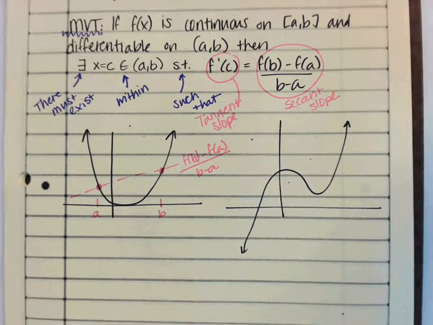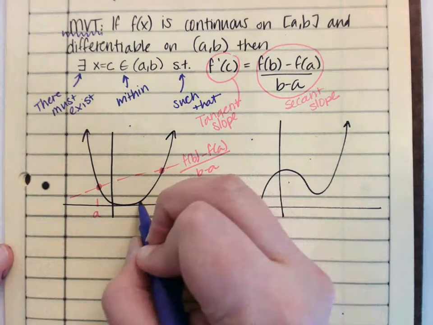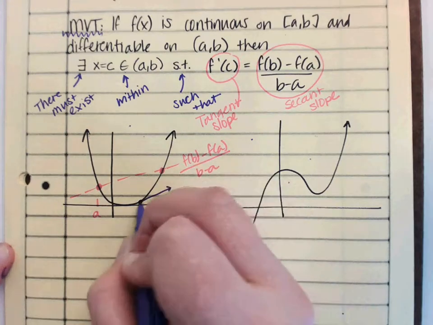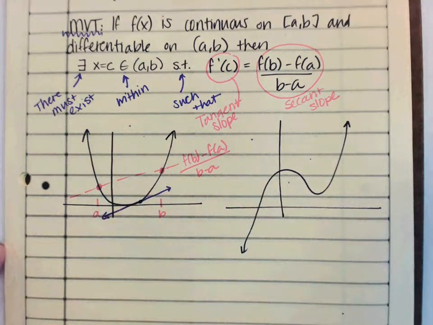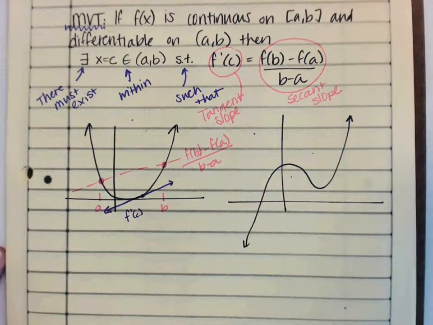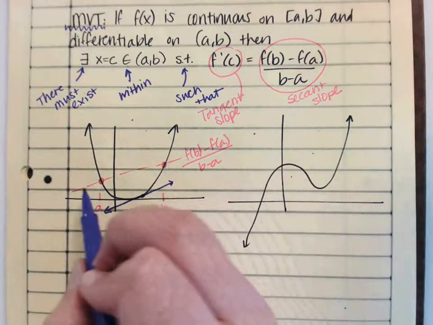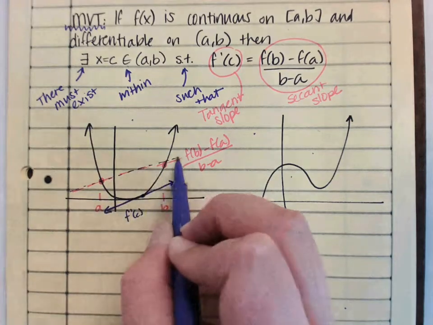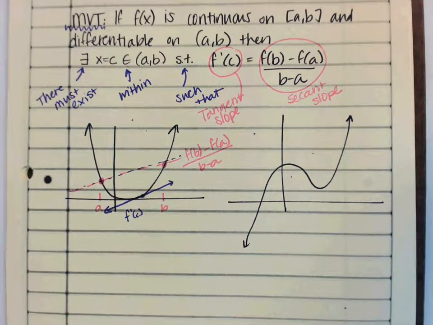So if I were to draw for you on my graph, I'd probably put it about right here. And do you see how at this one point, we'll call that f prime of c, my slope is exactly the same as my secant slope through the 2 dots that I drew. This is always true as long as your graph is continuous and differentiable.